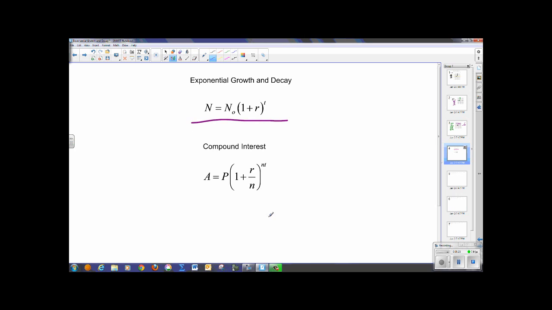Here is one where N equals N sub 0 times (1 plus r) to the t power. This is the final amount, N. This is the initial amount. R is the rate, which is usually given in a percentage, and t is the time. Now for the compound interest, once again, this is the final and the initial.